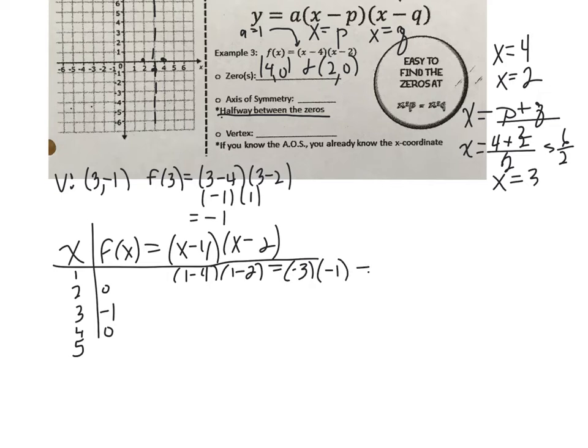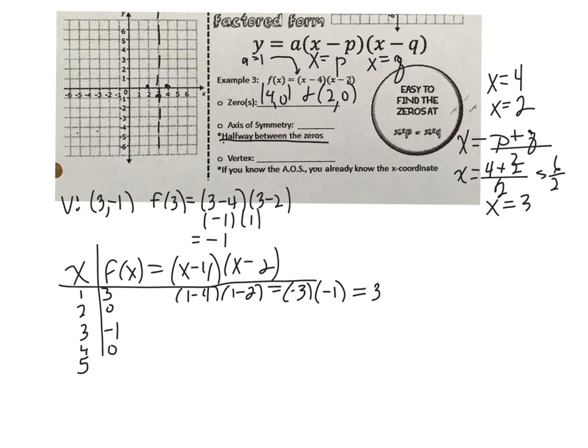And negative 3 times negative 1 is positive 3. So when x equals 1, y is 3. Let me pull that down just a little bit. So when x is 1, y is 3. I'm going to go over 1 up 3.